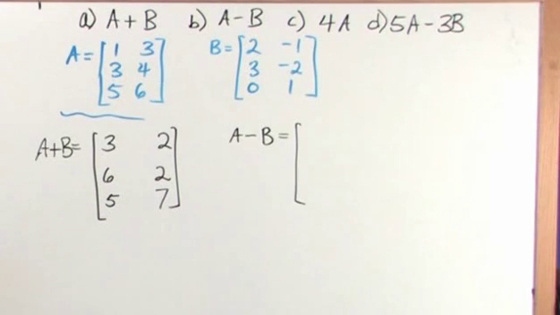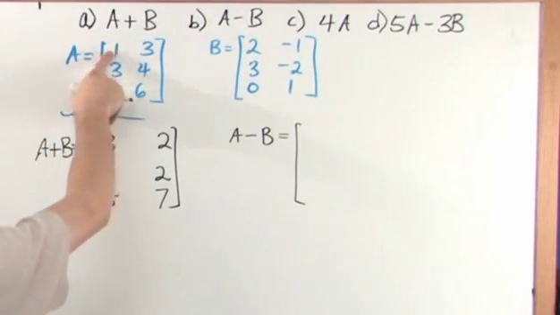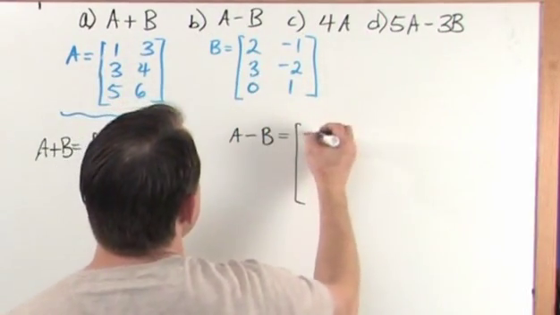Okay, so again, we're going to start with the matrix A and subtract the elements of matrix B from it. So we start up here with the first element. 1 minus 2 gives us -1.